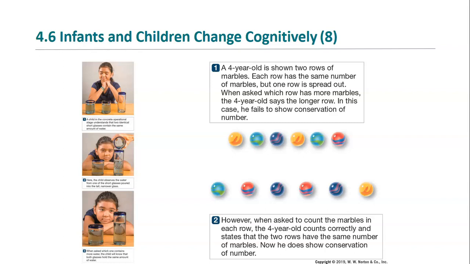Another example is the classic water glass test. A preoperational child will see 2 glasses which are containing the same amount of water. The researcher will pour the water from one into a second glass, which is taller but thinner, and the preoperational child will say, well, there's more water in the tall glass because it's taller, not able to simultaneously understand height and width.